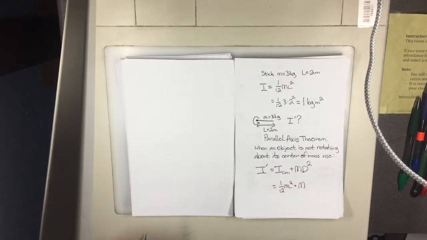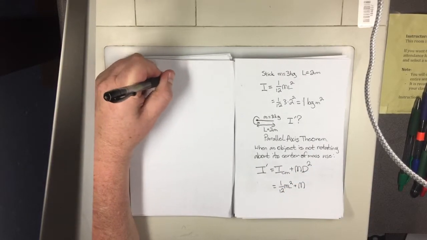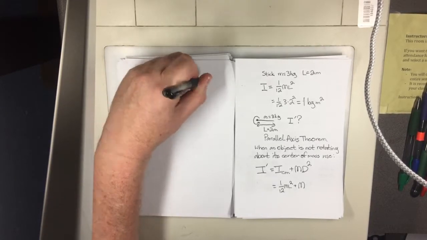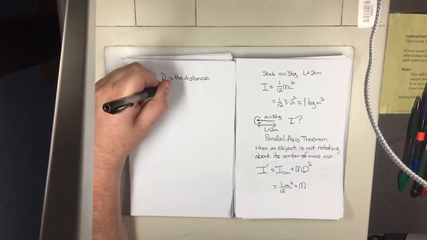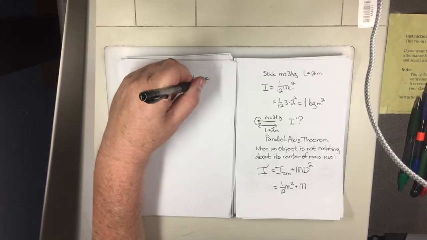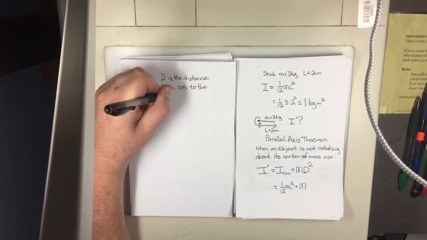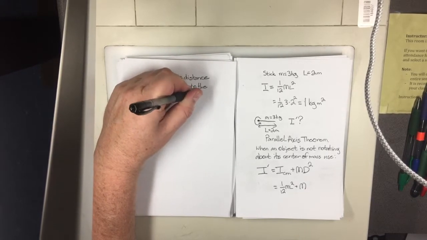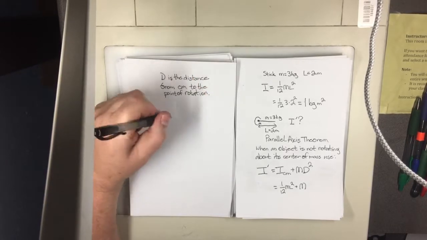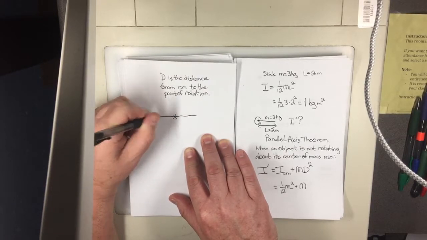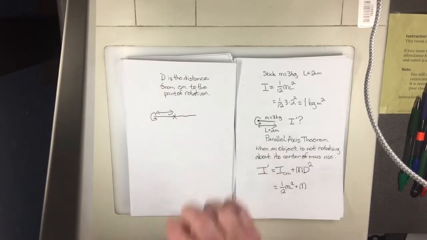The d is the distance from the center of mass to the point of rotation. So if you have an object, length L, center of mass is there, rotation point is there. What is that length right there? L over 2. It's half the length of the bar.